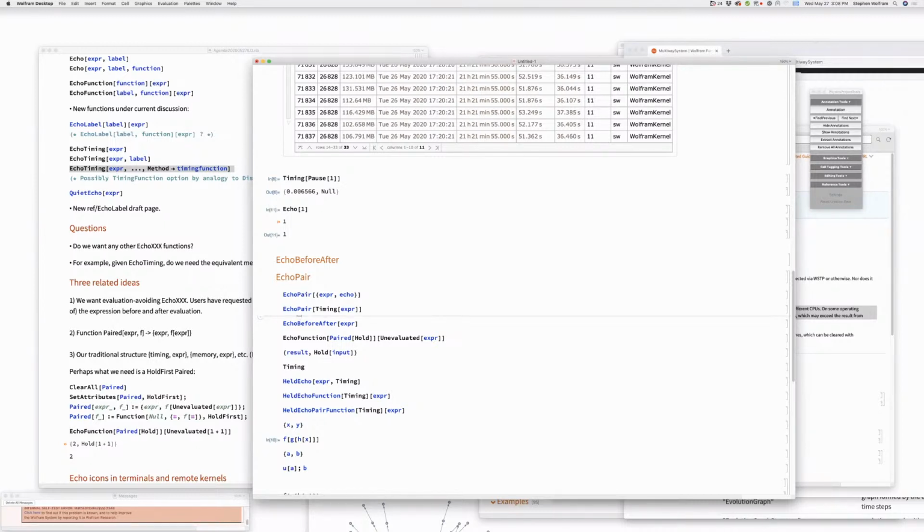But there's a separate thing which is more like echo pair function, where you just give it timing and it does the right thing. Yes, and potentially you could also do expert comma timing, not just the operator form. I guess my question is, timing is a function that is already paired. Indeed. Most are not.